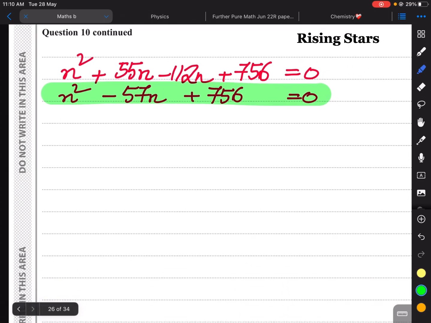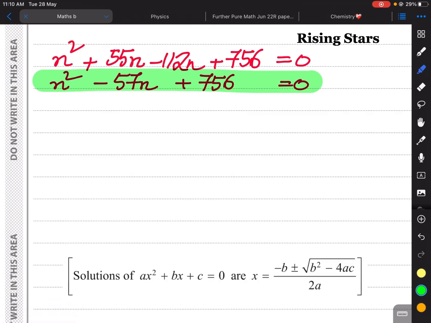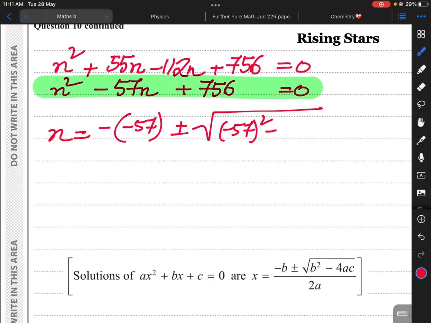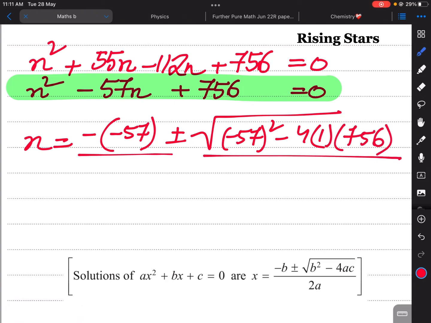Let's solve it using the quadratic formula. So n equals minus b, where b is minus 57, minus b plus or minus the root of b square, so minus 57 whole square, minus 4ac, divided by 2a.